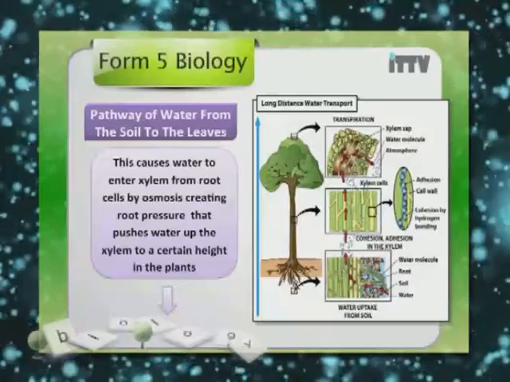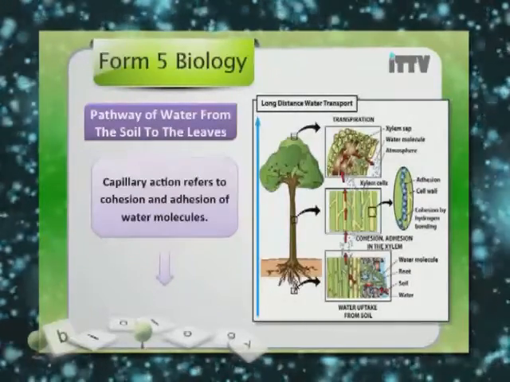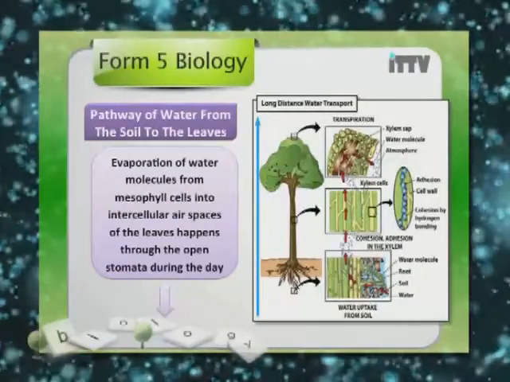This causes water to enter xylem from root cells by osmosis, creating root pressure that pushes water up the xylem to a certain height in the plants. Besides root pressure, capillary action and transpirational pull are also involved in this process. Capillary action refers to cohesion and adhesion of water molecules, while evaporation of water from mesophyll cells into intercellular airspace of the leaves happens through the open stomata during the day.